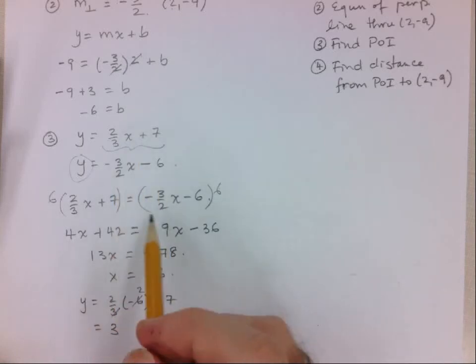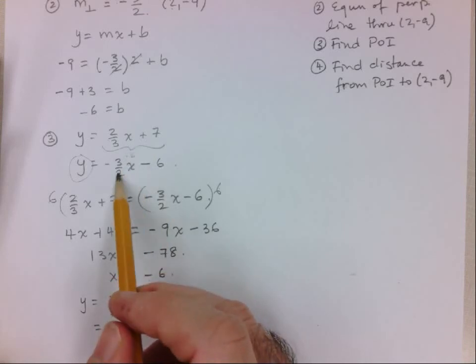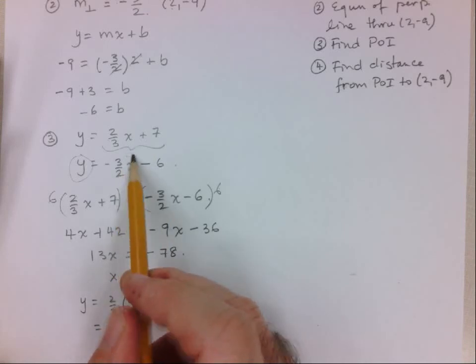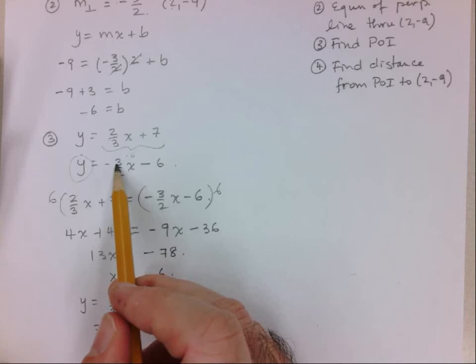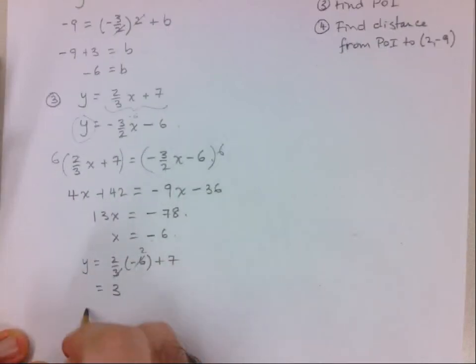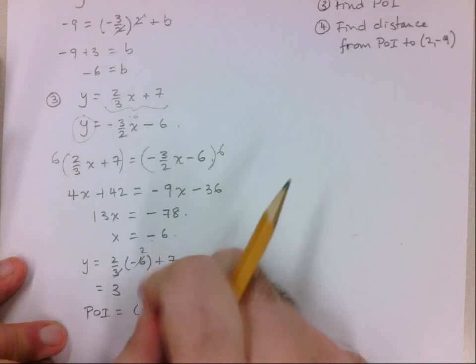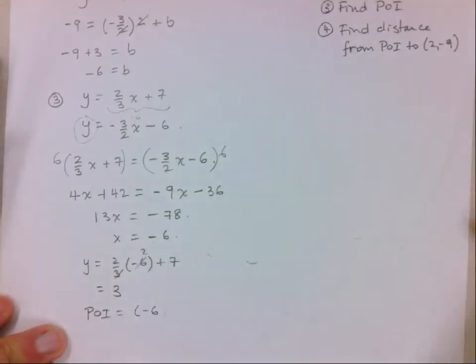Negative 6 reduces with 2, so we're left with negative 3 times negative 3, which is positive 9, minus 6 still gives us 3. So our point of intersection is x equals negative 6 and y equals 3.